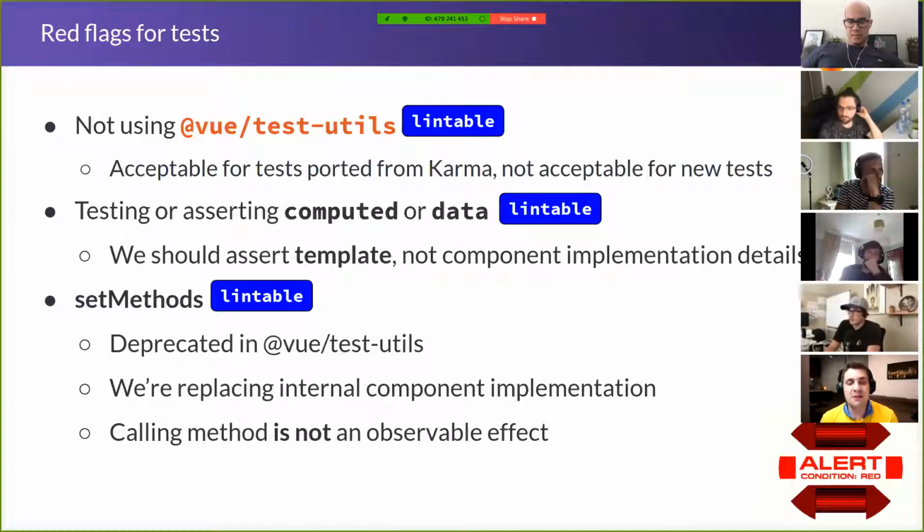Sometimes I saw people spying on the method and replacing these methods with something like just jest.fn. This shouldn't be done because calling an internal method is also not an observable effect. For me, there are no known use cases when we should do any of these three, and they should be considered red flags.